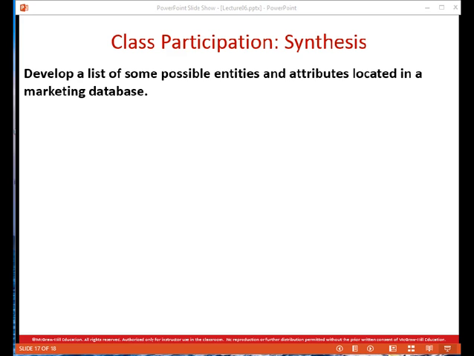The tables in the database would have a one-to-one relationship, a one-to-many, or a many-to-many relationship. We're going to go over designing and building an entity relationship diagram in our tech plugins.